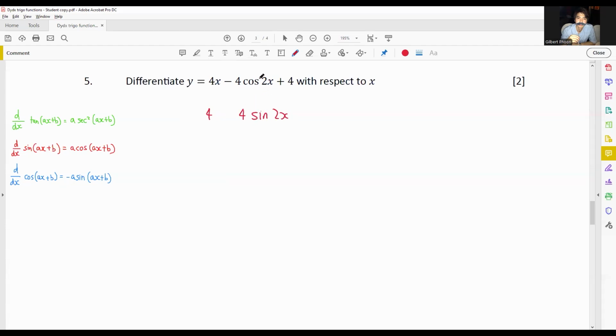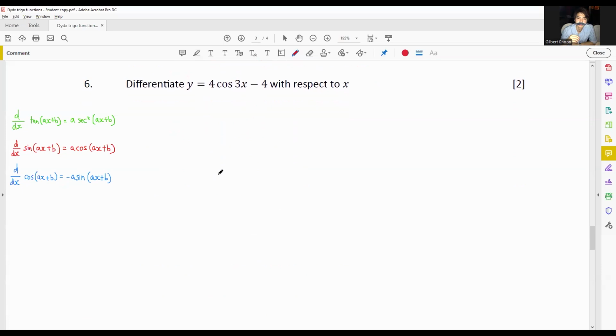But when you differentiate cos, it turns into a negative, right? So you have minus negative 2 times 4 sine 2x. Differentiate 4, you get nothing. So therefore, dy dx is equal to 4 plus 8 sine 2x. Okay?